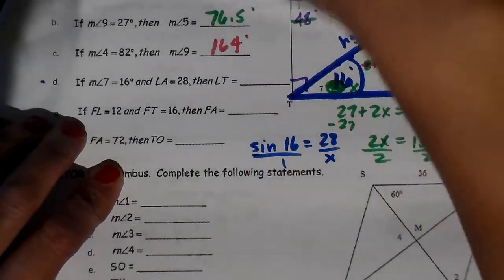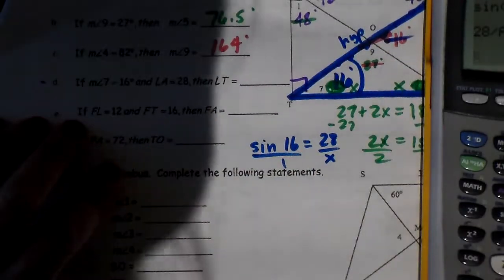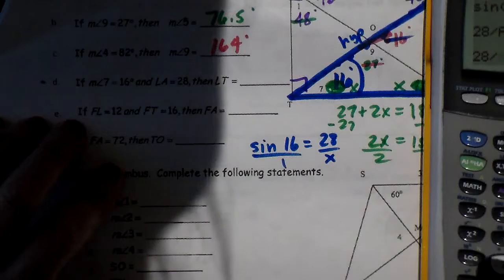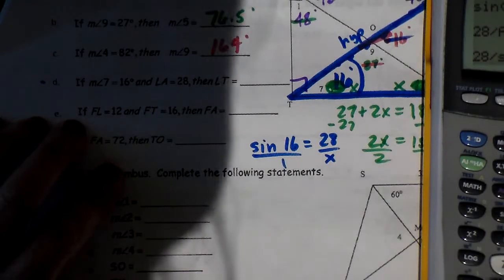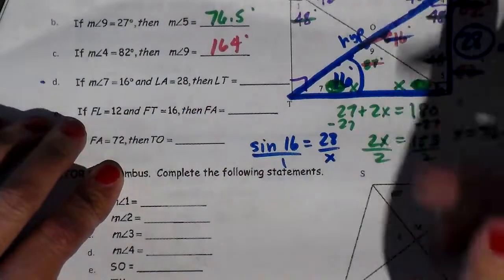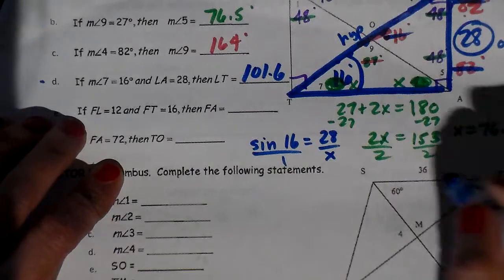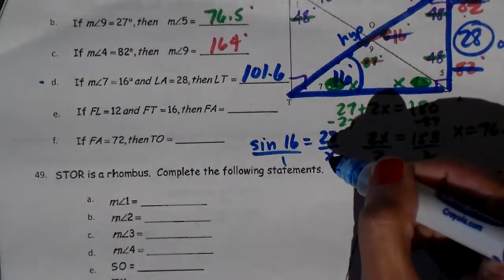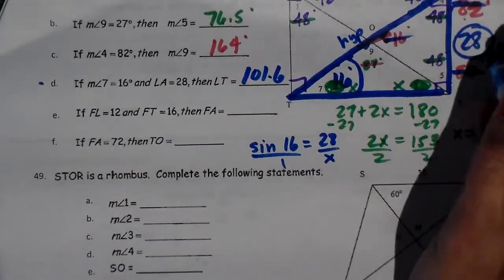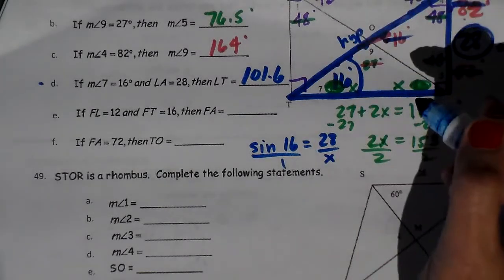Okay, so sine of 16, so 28 divided by sine of 16, and I'm going to verify. Yeah, 101.6. So LT is 101.6. That's how long it is. And again, you're using trig. Okay, sine of 16, because I know the opposite and I want the hypotenuse.